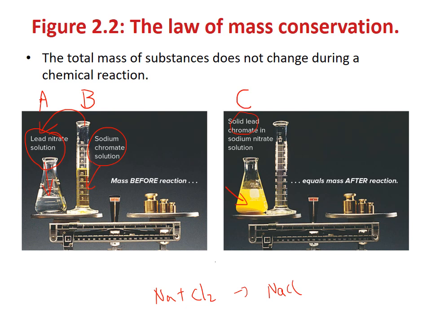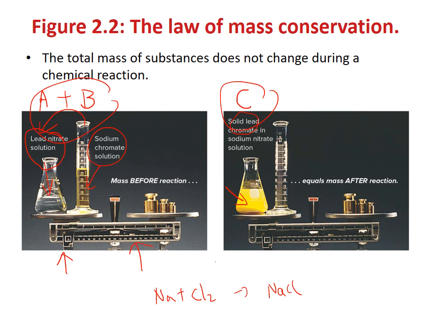Now if you weigh them, you will find that the total weight before the reaction, A plus B, is equal to the weight of the product C. This is a type of balance used to weigh the sample.